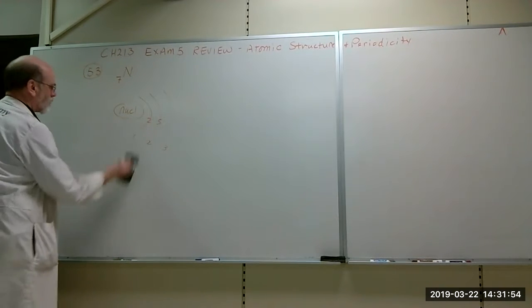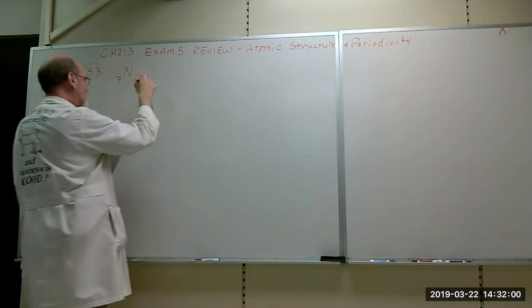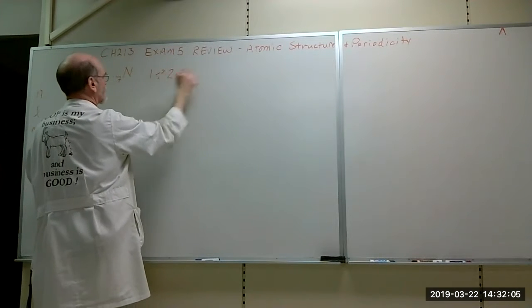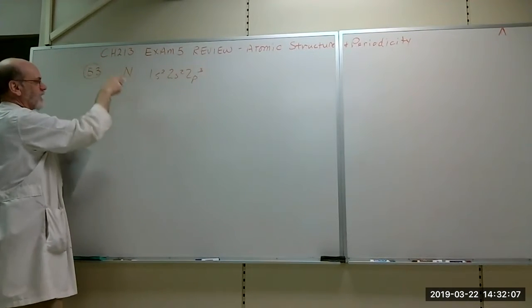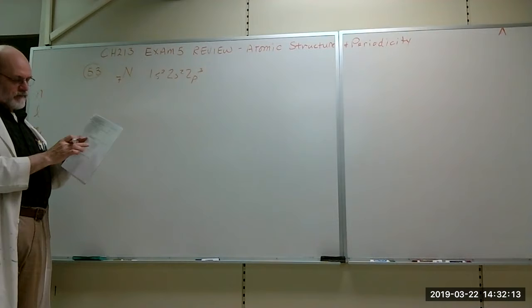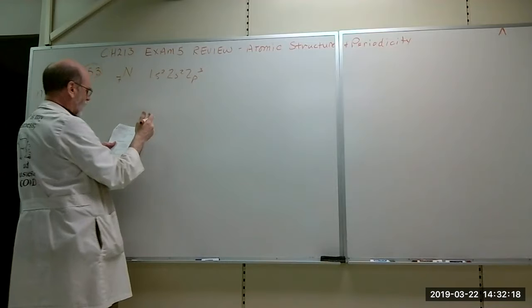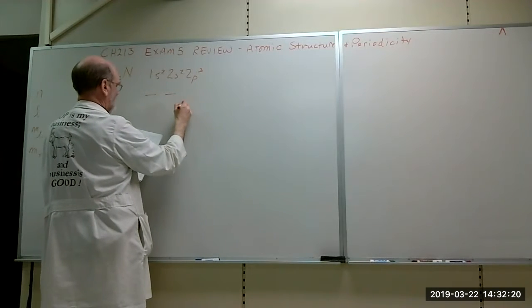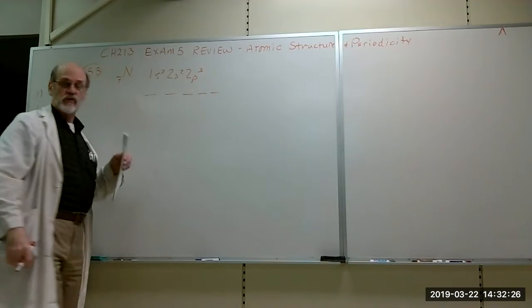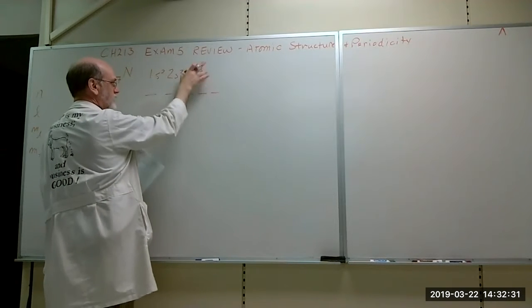Okay, so ground state then would be, if we write this like we've been doing, 1s2, 2s2, 2p3, okay, 7 electrons. But if we want to identify it with this figure, then you've got to say, what are the, and I don't like boxes, I just like lines. You got 3 p orbitals, remember? P equals 1, so it can be -1, 0, or +1. Right, so you can have 3 in the p's.